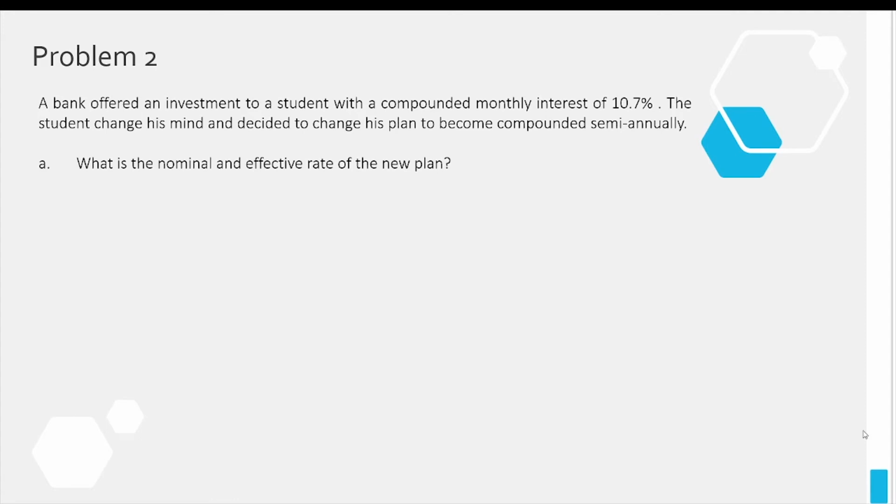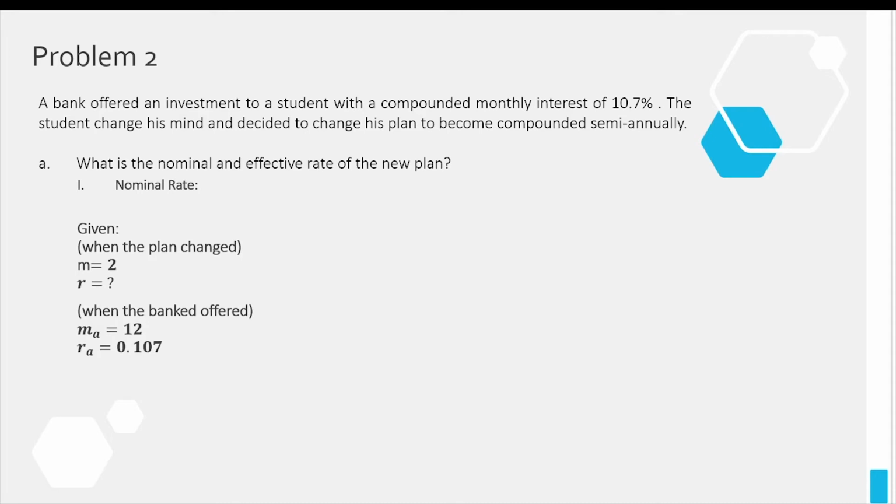First, we have to find the nominal rate of the new plan. The given: when that student changed his mind and decided to change his plan to become compounded semi-annually, m is equal to 2, and there is an unknown r which we need to find. When the bank offered an investment to a student with a compounded monthly interest, m is equivalent to 12 and the interest given is 10.7%, that indicates the r.